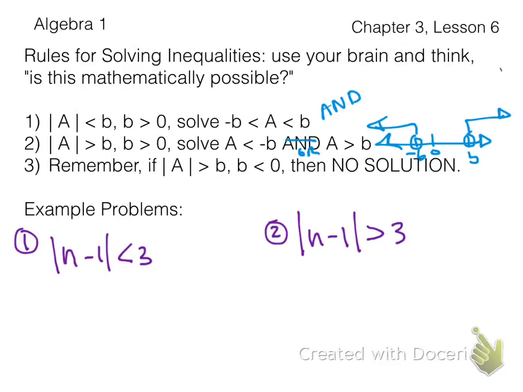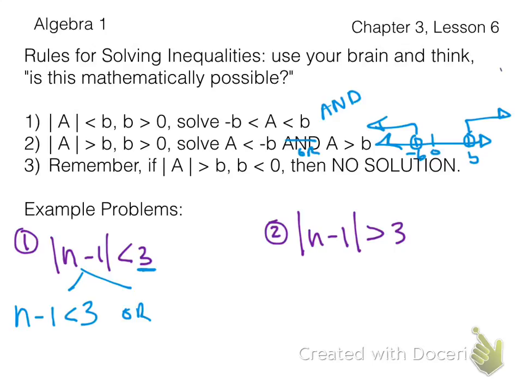Okay, you're still going to do the same thing that you did before, where you break it into two problems. The only thing is when you take the opposite of this number by itself, you also need to flip the inequality sign. So it's going to be, excuse me, not the absolute value, n minus 1 is less than 3, right?